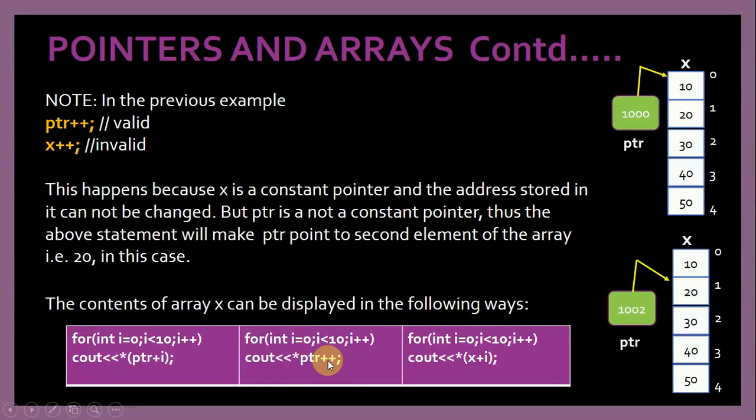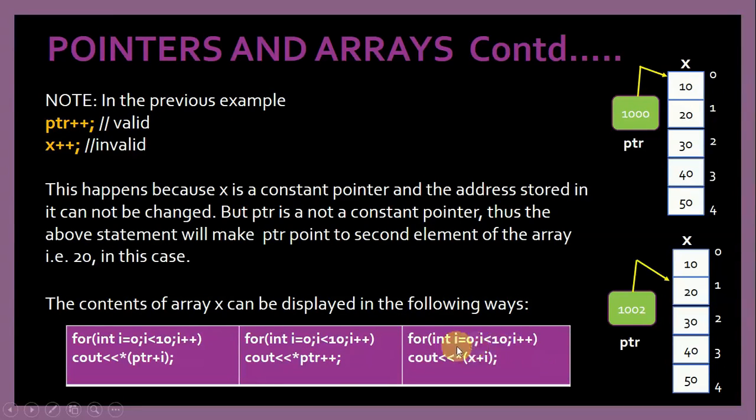This is a post-increment operation. So it will first display the content present at ptr, as ptr is initially pointing to the first location. It will display 10 and then ptr will be incremented and point to the next location, that is 20. So this loop will continue till i is less than 10.